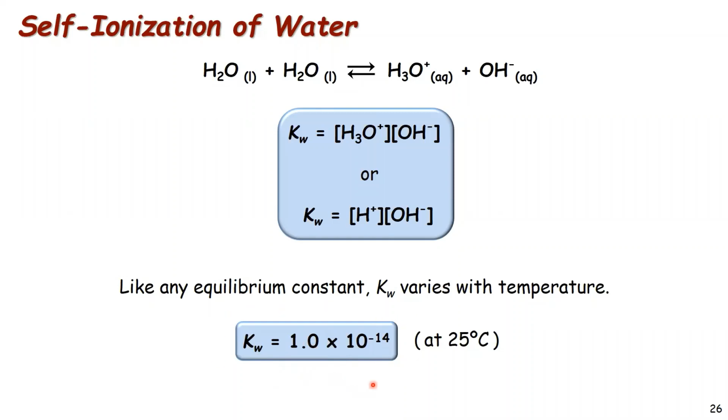KW is equal to 1.0 times 10 to the negative 14 at 25 degrees Celsius. That number will change at different temperatures. Okay, it doesn't change very quickly. So as long as the solution that you're using is around 25 degrees Celsius, plus or minus probably about 25 degrees, KW doesn't change that much.